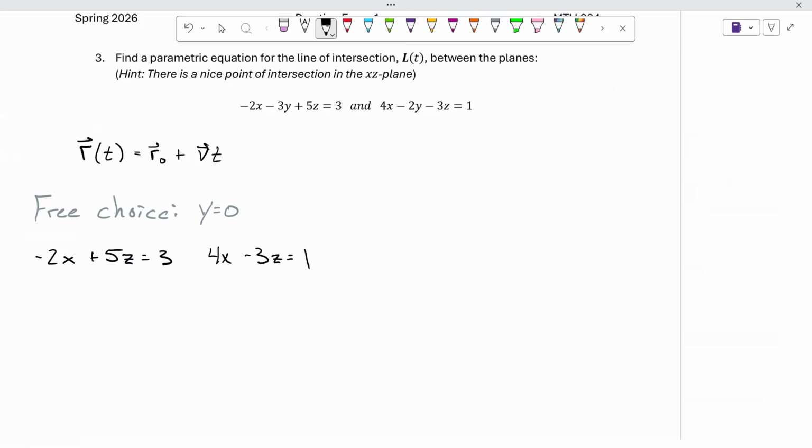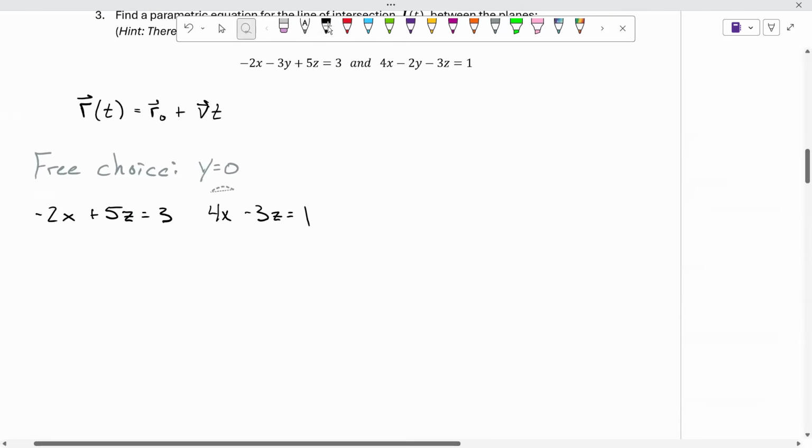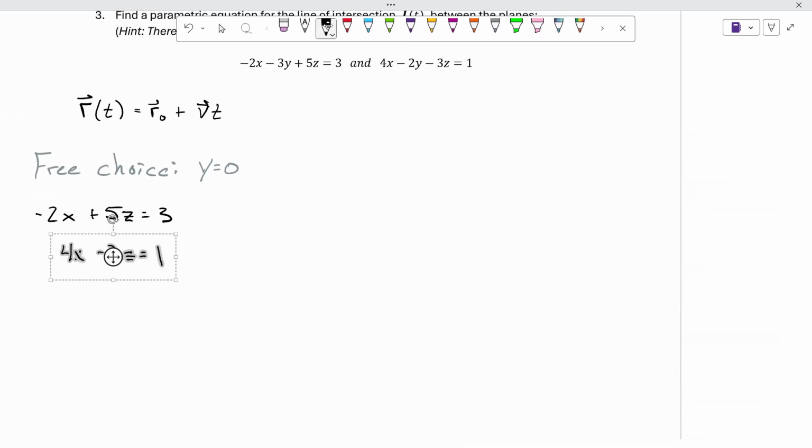And what do we get here? I could do substitution to figure this stuff out. Or I could actually just try adding these two together linearly. If I just take 2 times that first equation and then add them down the line, what are we going to get? Well, I'll get negative 4x plus 4x is 0x.